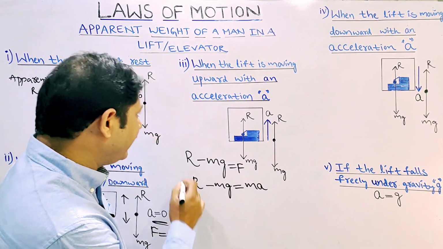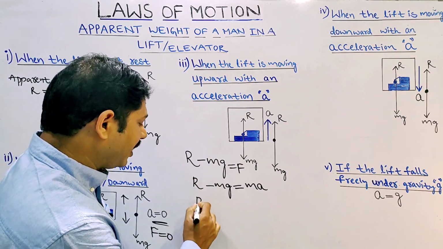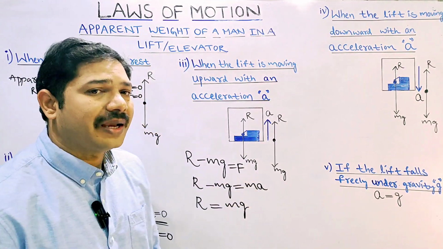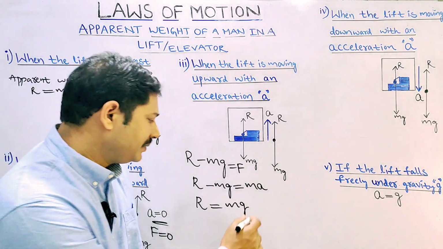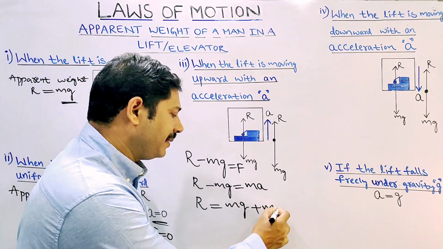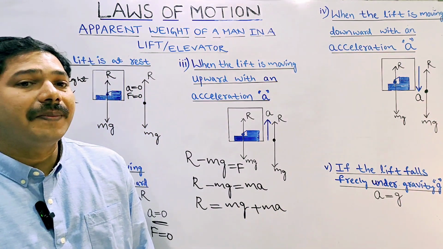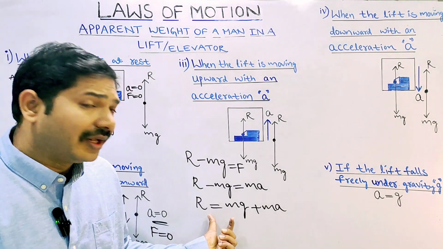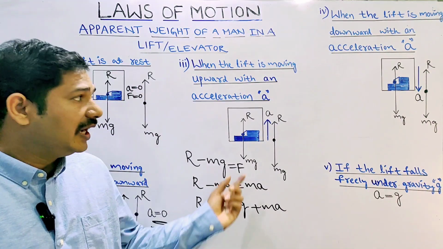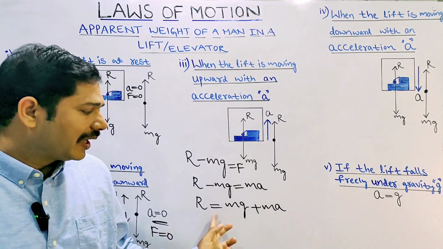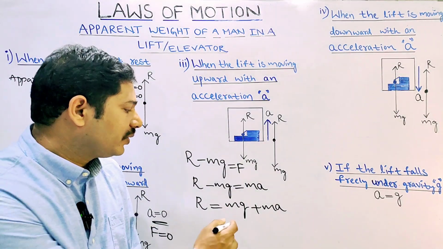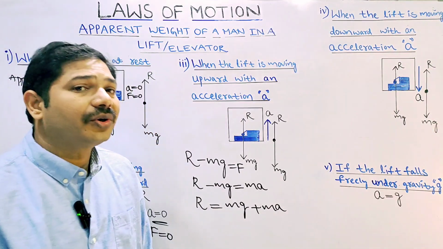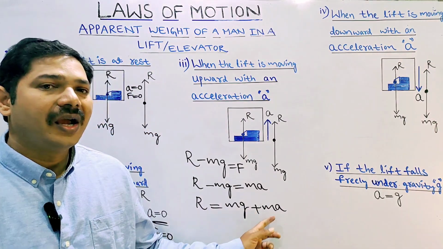Therefore the apparent weight R equals mg plus ma, the true weight plus ma.